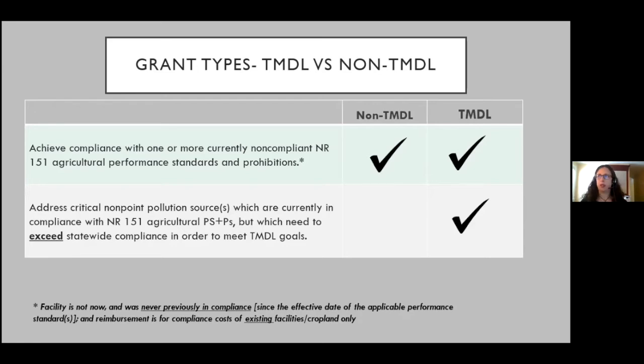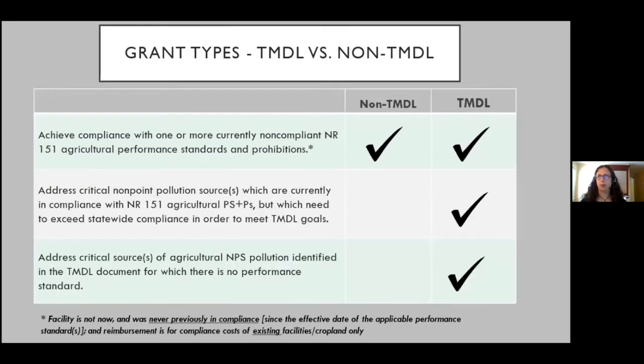So in other words, if meeting the pollutant load reductions of a TMDL means going above and beyond just implementing performance standards, TRM can fund this. And TMDL TRM grants can also cost share BMPs that address pollution problems for which there's no performance standard, if doing so is required for implementation of pollutant-specific TMDL goals.